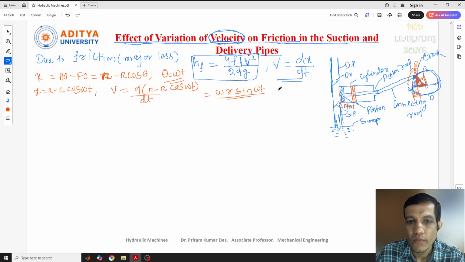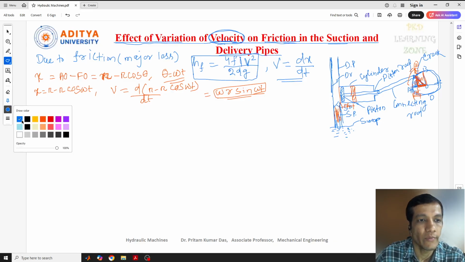Now the velocity here is the velocity of the piston. Okay, here the velocity is different. We need to consider the velocity of the fluid in the pipe. This is only the velocity of the piston, but the velocity in the pipe we need to calculate from the continuity equation. That also I told you, that is AV.